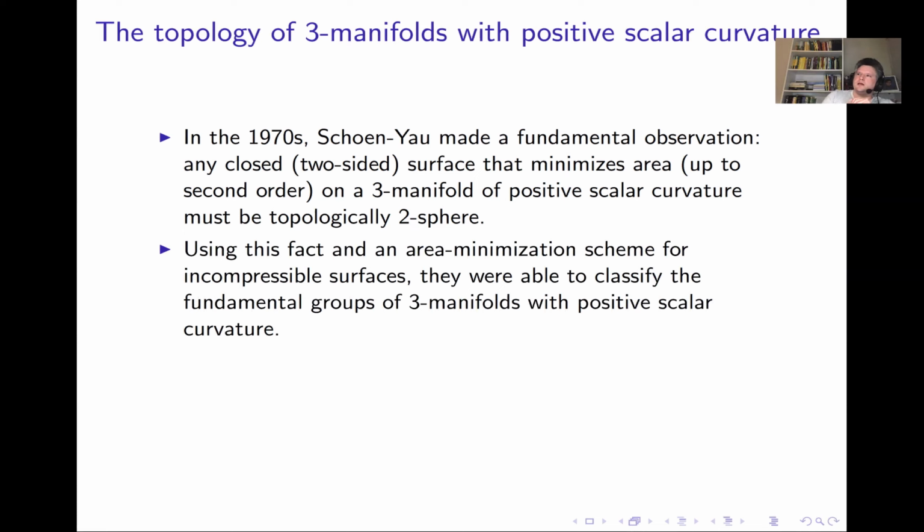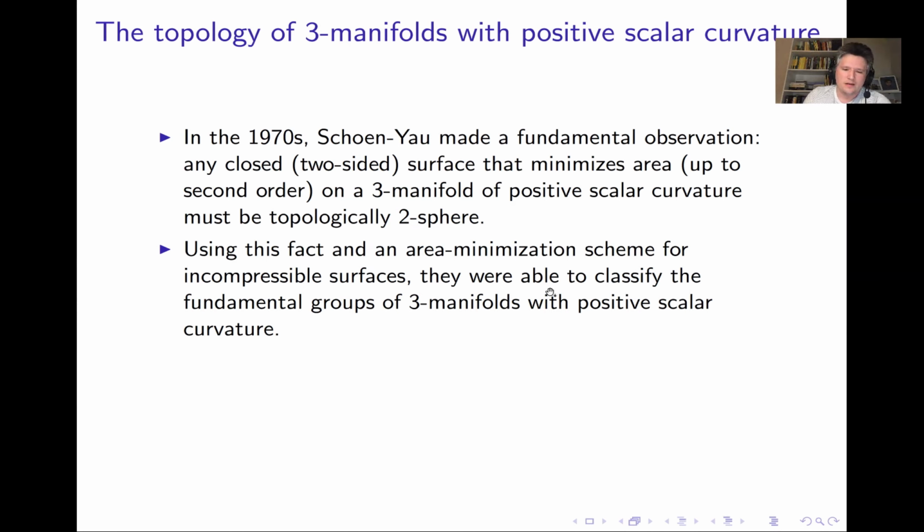Okay. Now, back then, the topology of a 3-manifold was still not understood from its fundamental group. There was this famous open problem, the Poincaré conjecture, which was somehow the fundamental case: when you are simply connected, must you be a sphere?